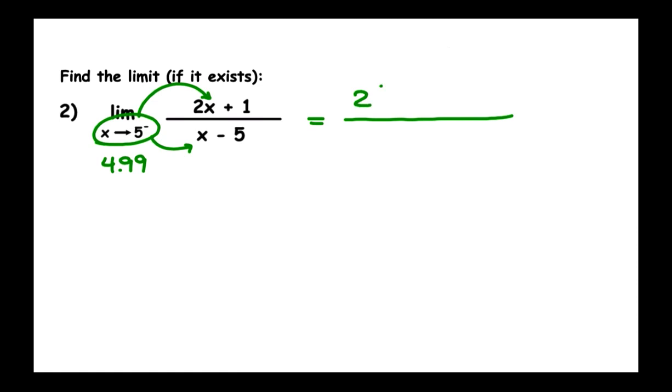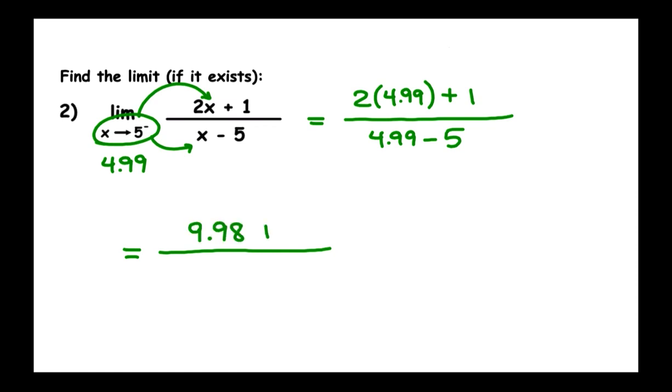Well, we have 2 times 4.99 plus 1 over 4.99 minus 5. 2 times 4.99 is almost 2 times 5. It's almost 10, but it's actually 9.98, plus 1, of course.